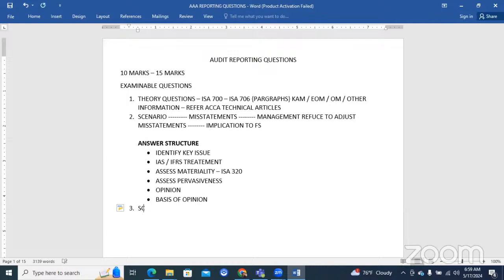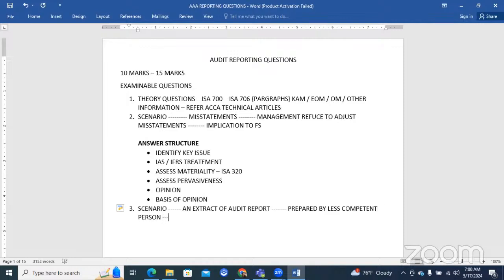See, they will give you a scenario. Actually, it's not a scenario. It's an extract of an audit report. Normally, this audit report is prepared by a less competent person.